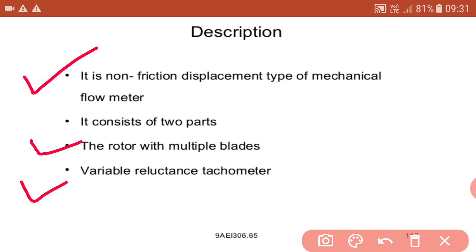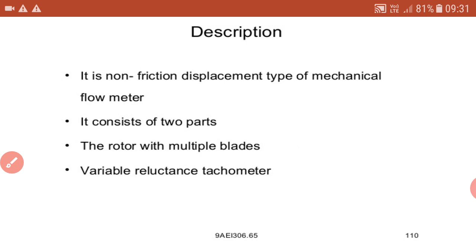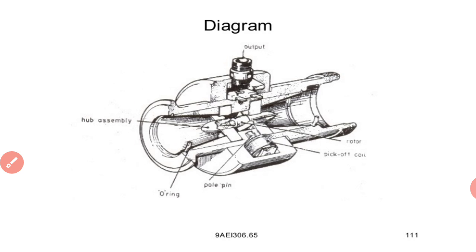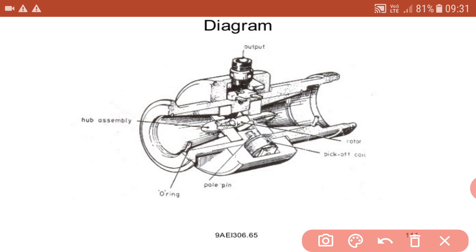We know the working of a rotor. Rotor is the rotating device, just like in a motor. This is the three-dimensional diagram of the turbine flow meter. In the center we can see a rotor.